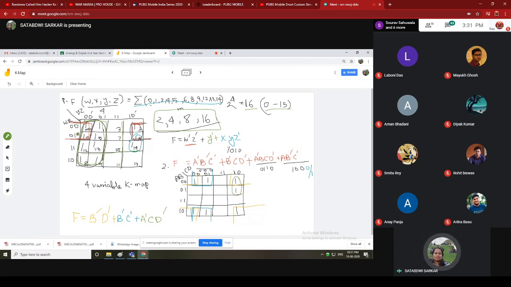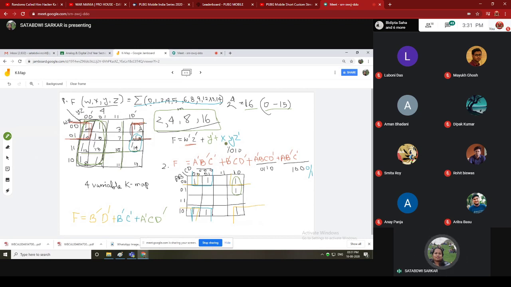We are not taking X since it is changing. Y is 0 here and Y is 1 here, so we are not taking Y. But Z is 0 here and Z is also 0 here, so Z not, that is Z bar. So W bar, Z bar is the expression from this red ink group.